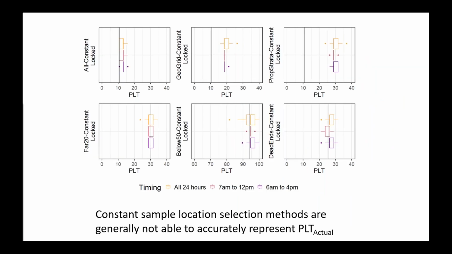This shows the locked scenario for the other location cases, the grid, the furthest 20%, et cetera. And we see the constant sample location selection again, generally not able to accurately represent those true PLT conditions.